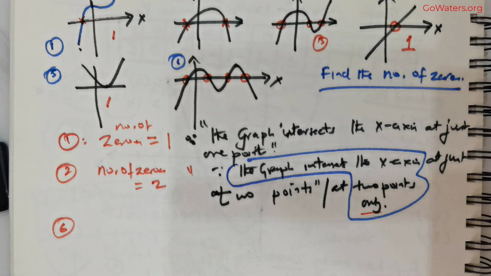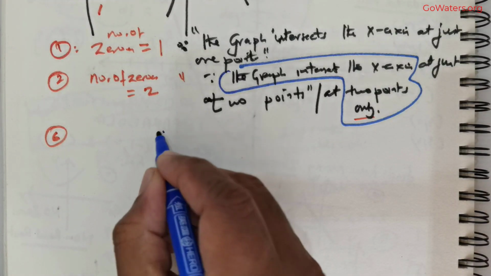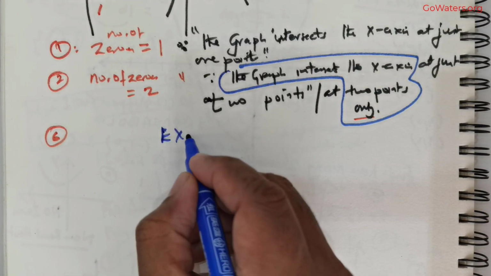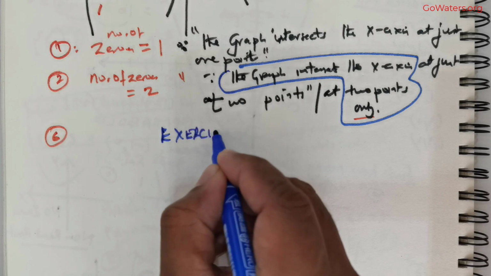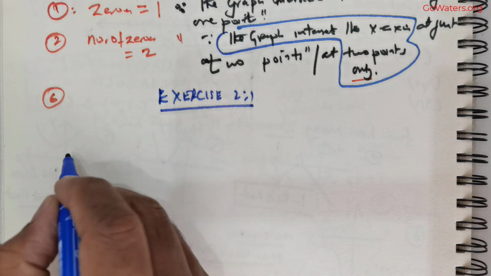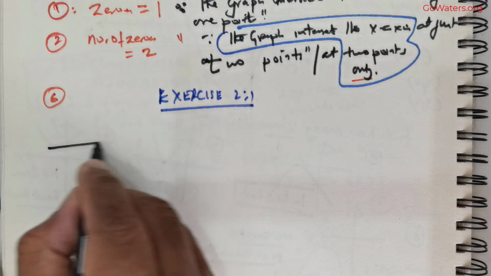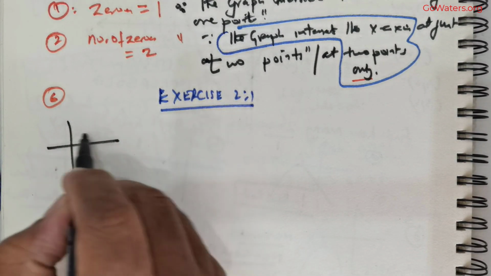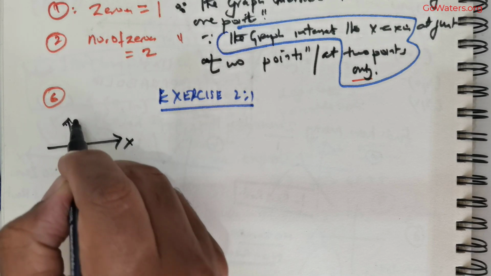Okay, so now you have some list of questions. So let's see exercise 2.1. Over here we got exercise 2.1 from your textbook, right? So we got the following graphs. Question 1, x-axis, y-axis.